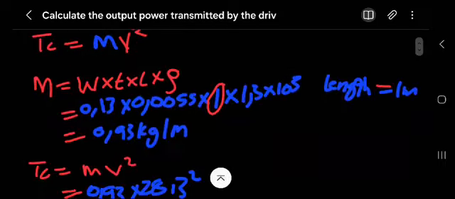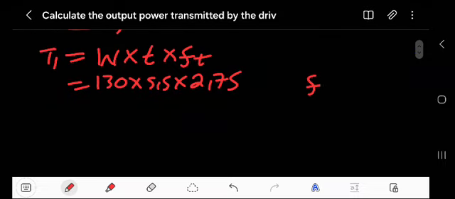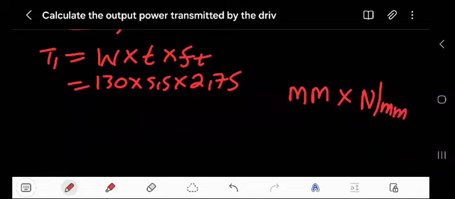Why are we doing this? Remember, this FT is what they say equals Newton per millimeter width. So these millimeters will cancel with the other millimeters. We have Newton per millimeter; when we cancel, we'll be left with newtons. Imagine you have a millimeter, then you multiply this millimeter by Newton per millimeter, and that will cancel, leaving newtons.